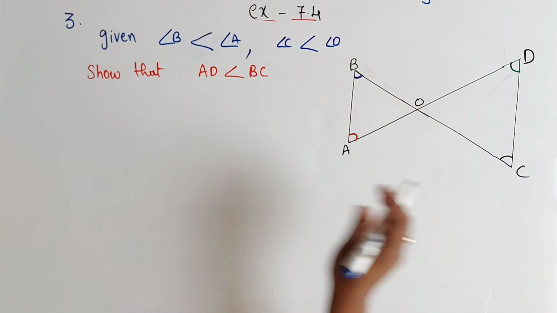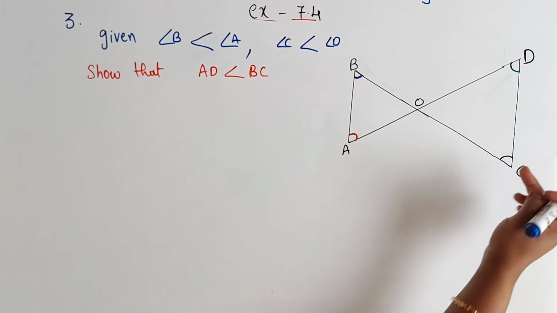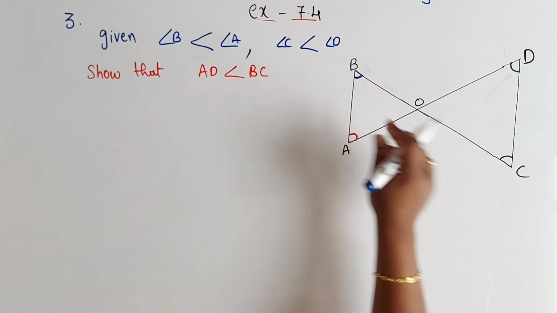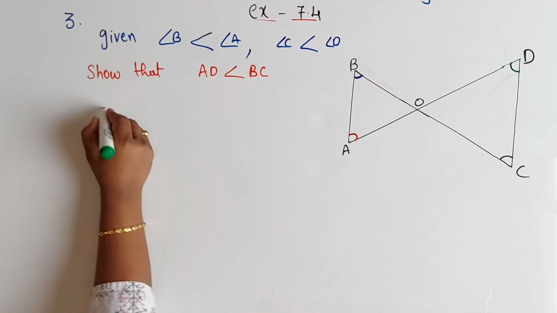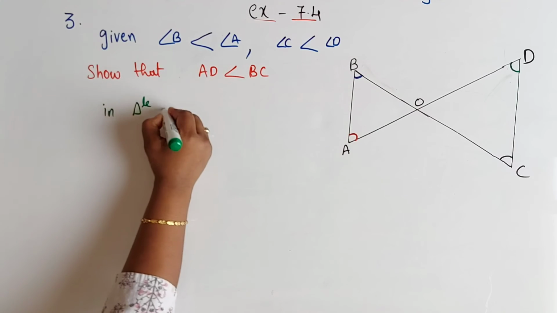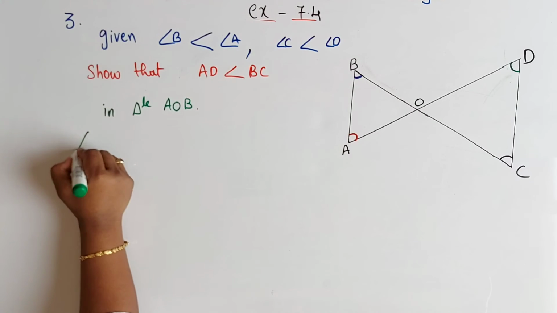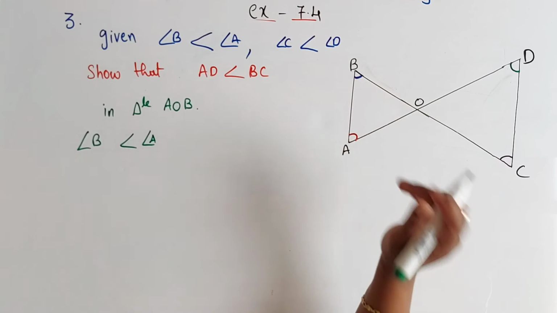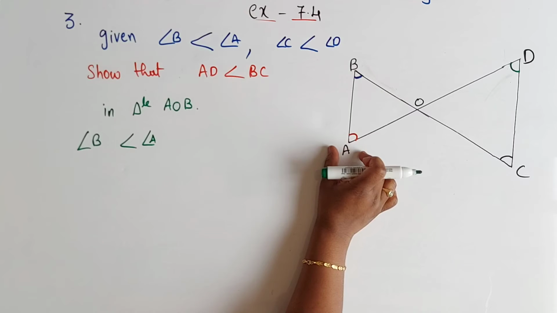Third question, children. In the given figure, angle B is less than angle A and angle C is less than angle D. Show that AD is less than BC. Now consider this triangle, children. In triangle AOB, they have already given that angle B is less than angle A. This is lesser than angle A. That means angle A is the greater angle.